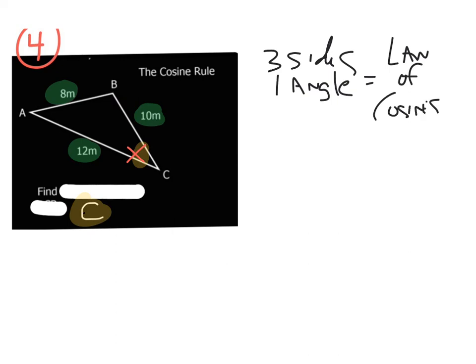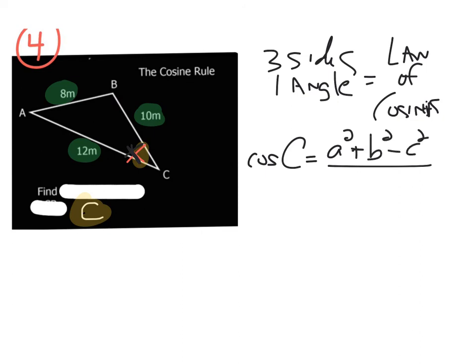And here we're trying to find angle C. So I'm going to write the law of cosines where I'm using an angle. So I'm going to write the cosine of big C. That equals a squared plus b squared minus c squared. Remember, this angle matches the side, and that side is only used once, all over 2 times a times b.